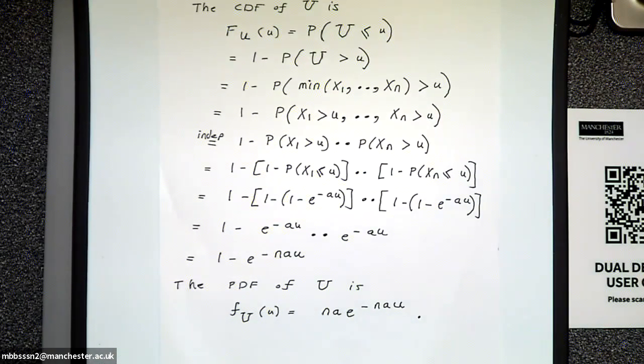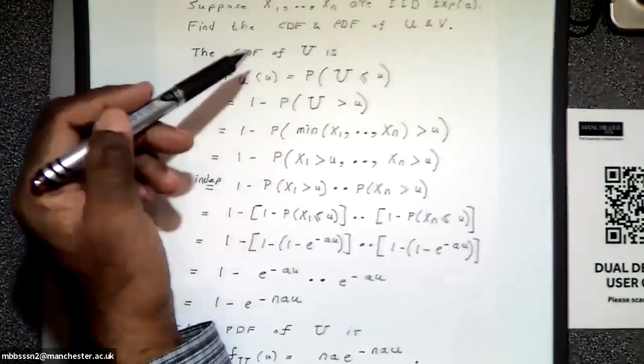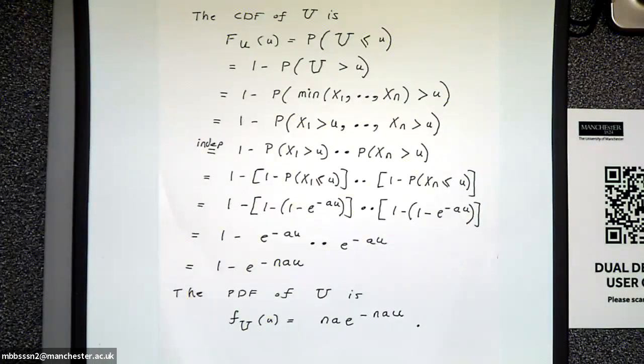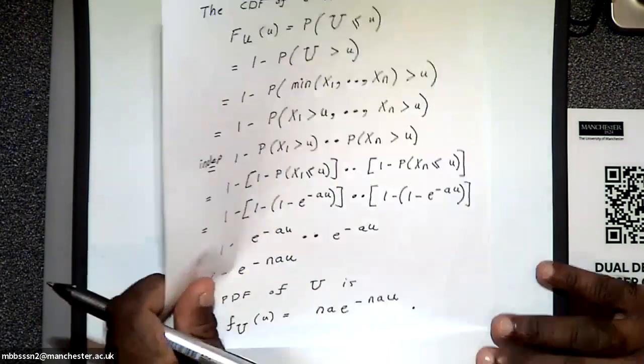The second part is to find the CDF and the PDF of V. Remember, V is the maximum portfolio loss, right? So let's see how we can do this. Can I take this away or not? You can copy it later on. I will scan everything.